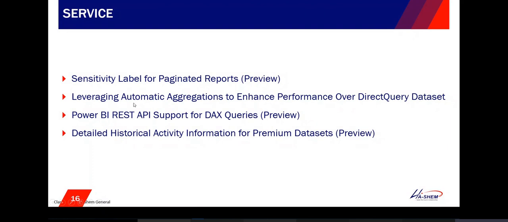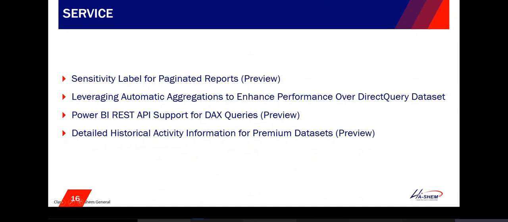Then you have the Power BI REST API support for DAX query, which is still in preview mode. Then another update is detailed historical activity information for premium data sets. This is still in preview mode.